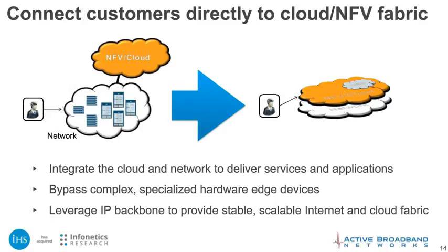But because access is now in the cloud, instead of steering the customer's traffic all the way through the network infrastructure to try and get to the cloud where network function virtualization is, you just connect them directly up to the cloud. And now the customer service is directly connected and tethered to the cloud, and you can put services up behind that.